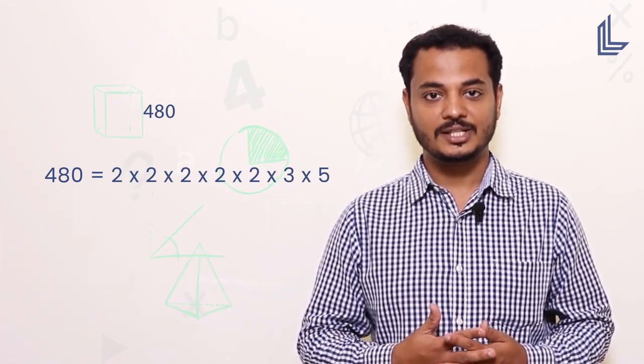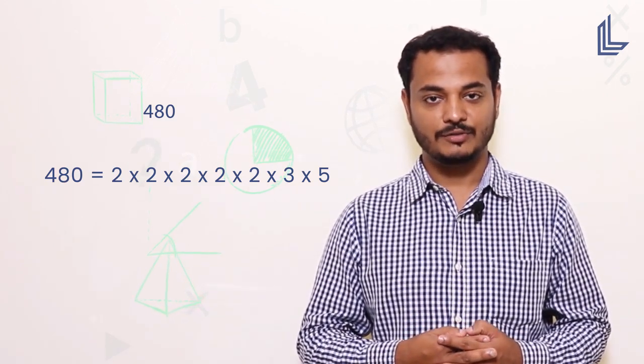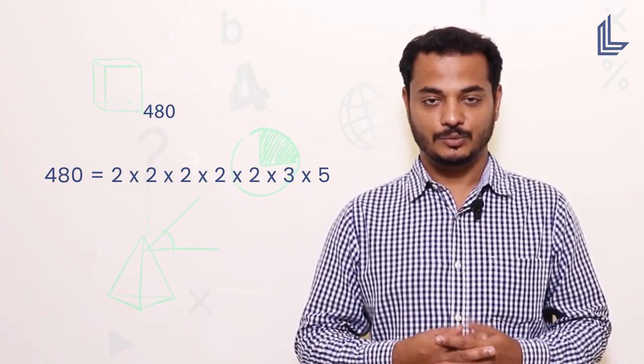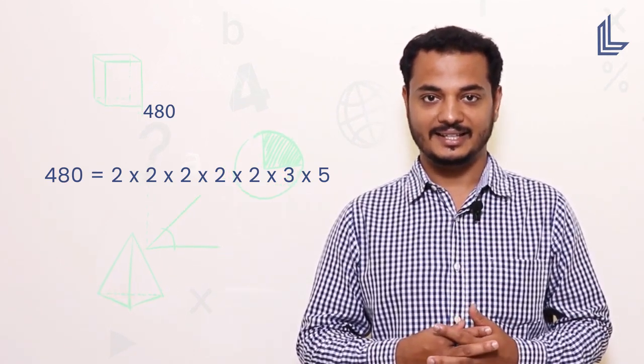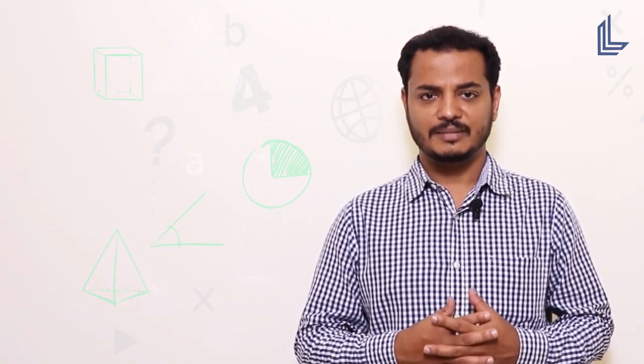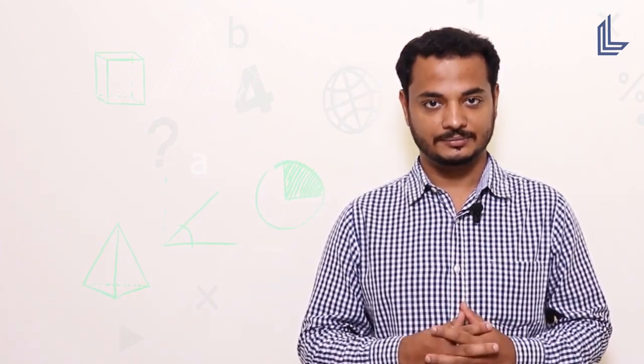Think about the same question here as well. Can you express 480 as product of any other prime factors apart from these prime factors? If you think about this, you will again get the answer as no. Now what does it mean? It means that prime factorization of a composite number is always unique, and this is your Fundamental Theorem of Arithmetic.